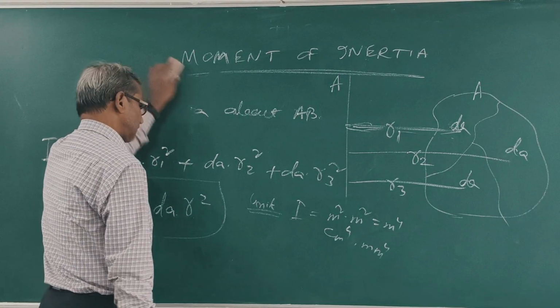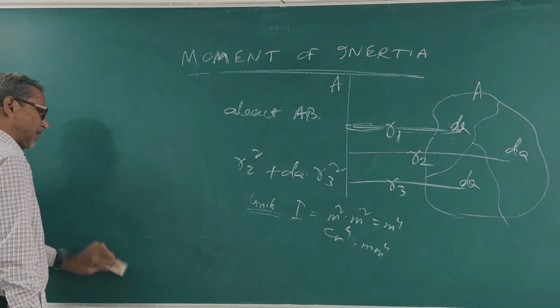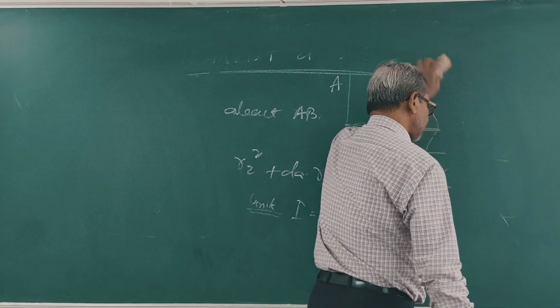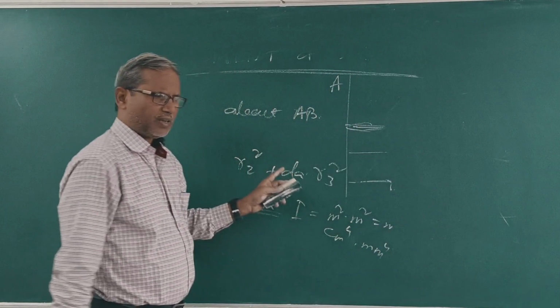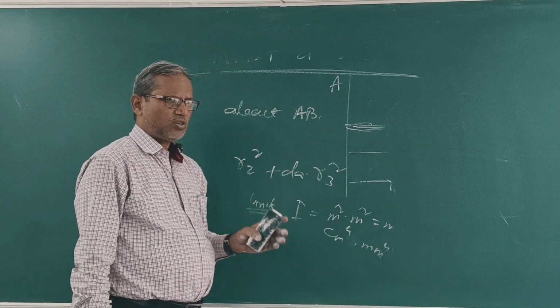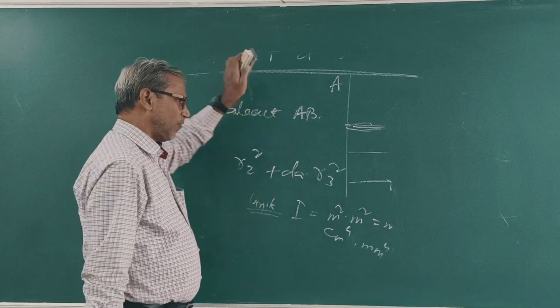Next, for plane area, for plane lamina. This is the general formula about an axis AB. Now we will find the moment of inertia about the x-axis and the y-axis.